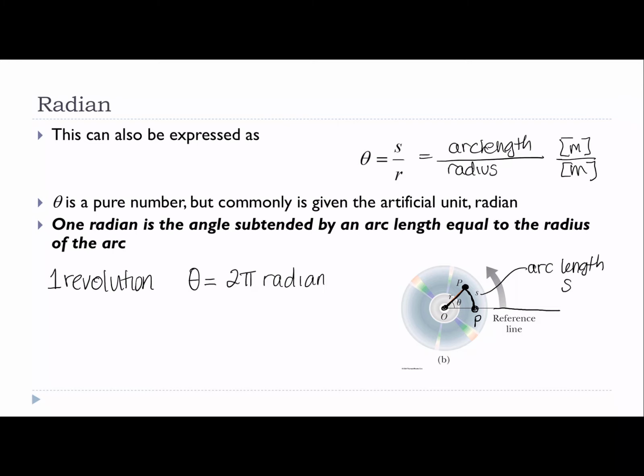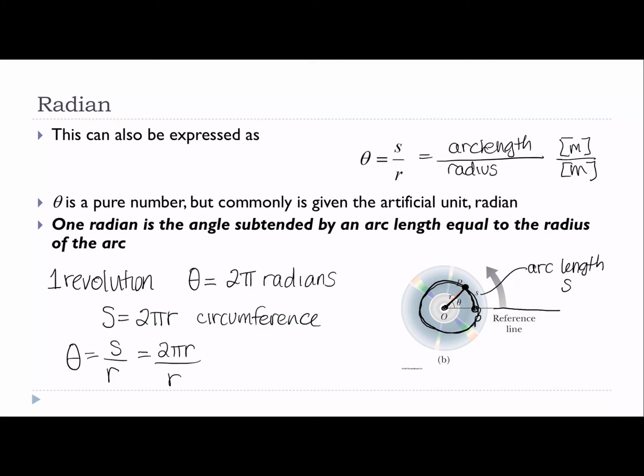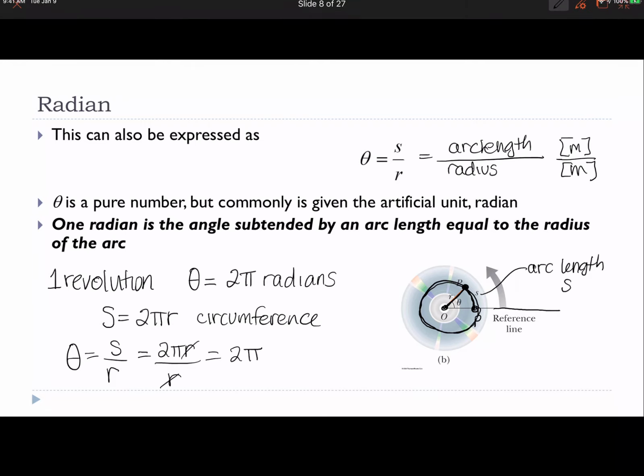And if we think about where that's coming from, my arc length would be the distance all the way around this entire circle from that point, and that distance would be 2 pi times the radius, or the circumference. So if I calculated the angle, which is the arc length divided by the radius, this is 2 pi times the radius over the radius, and I get 2 pi. So 1 complete revolution is equivalent to 2 pi, or 360 degrees is equal to 2 pi radians. So that's where those relationships are coming from.